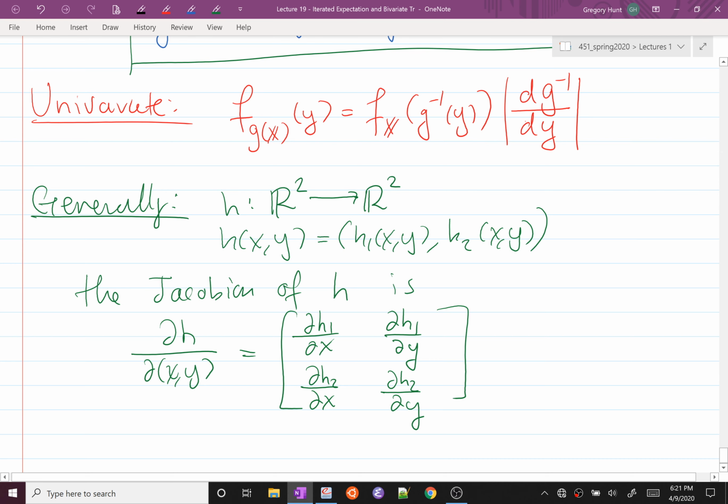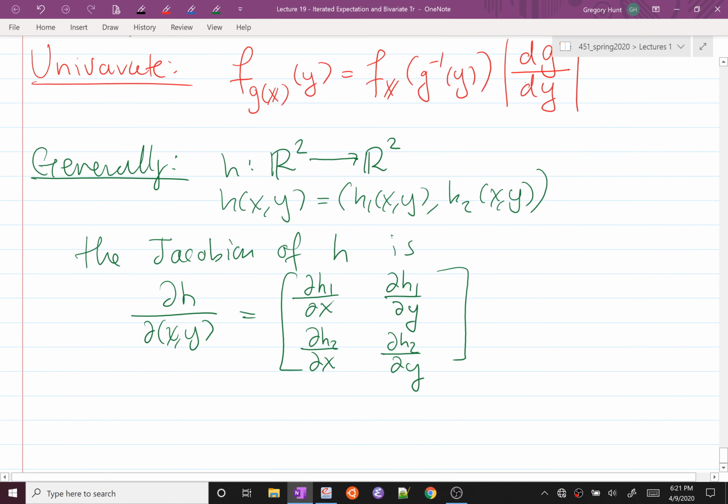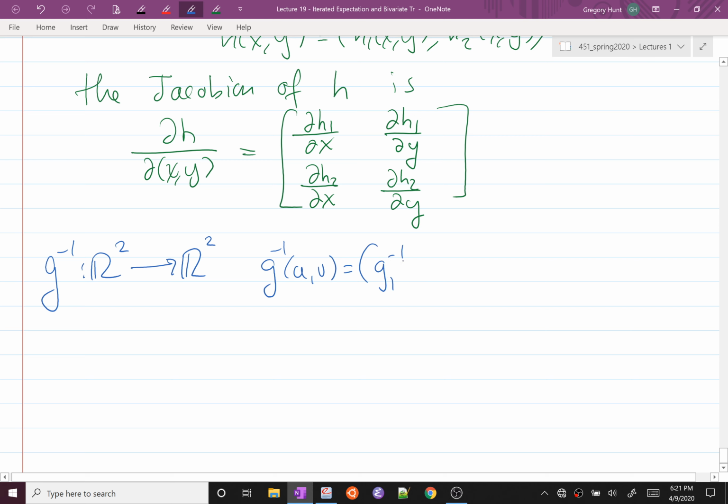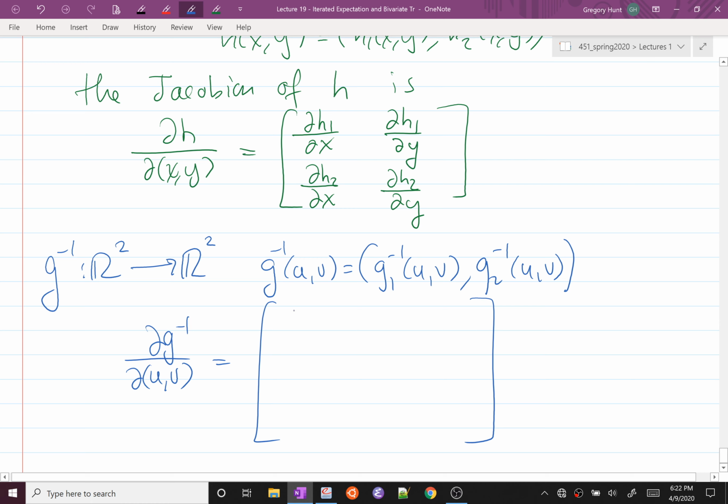So the derivative of the first function in the first row, derivative with respect to all the variables, second function in the second row, derivative of all variables, etc. So if I have this function g inverse, R2 to R2, where g inverse of uv has two components, g1 inverse and g2 inverse of uv, then my Jacobian, dg inverse, derivative with respect to u and v, is the following matrix: dg1 inverse du, dg1 inverse dv, dg2 inverse du, dg2 inverse dv.